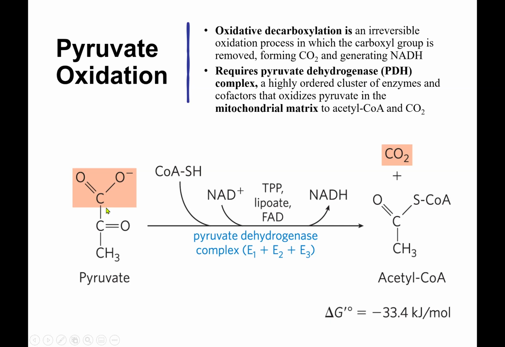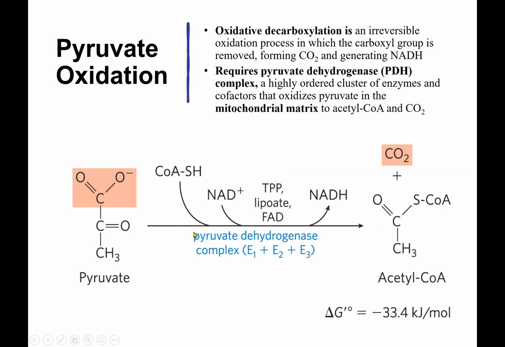In this case, unlike the anaerobic conditions we had for the ethanol fermentation, here we have an oxidative decarboxylation. So we have oxygen available. This is basically an irreversible process. We do release a CO2 in the end, and we generate some NADH.